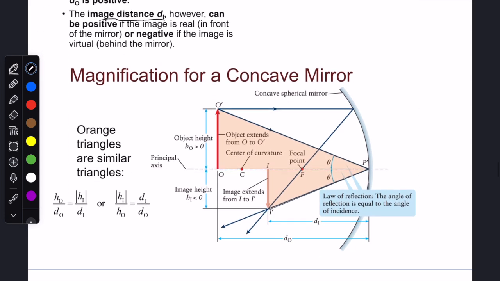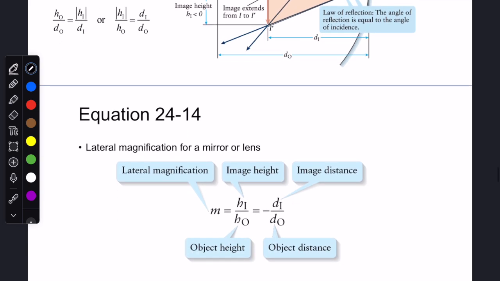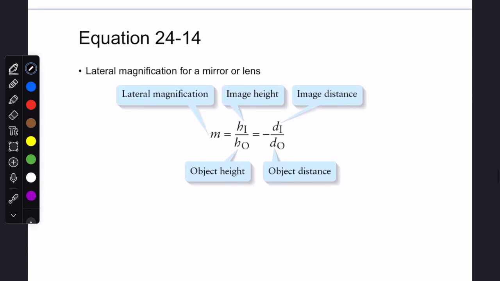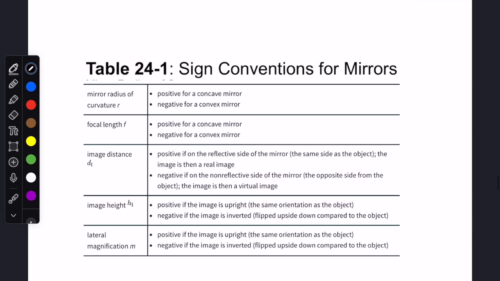So this is kind of the derivation of where the magnification equation came from. I'm just showing it to you. And there's the magnification equation that we already talked about. And here's a table with the sign conventions for both types of mirrors. We haven't gotten into convex mirrors yet, but we will. Here's the concave mirror.